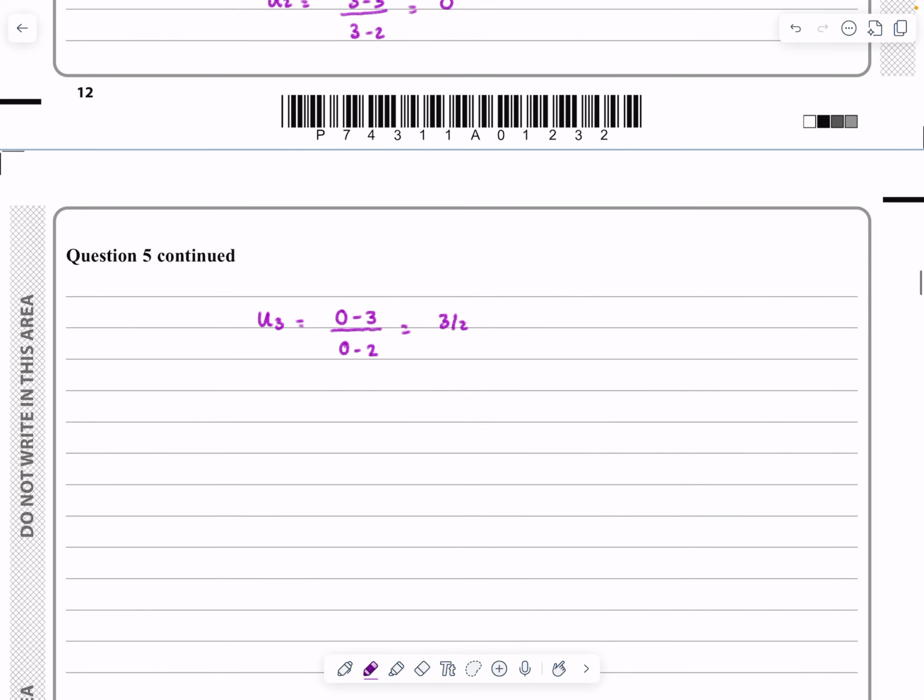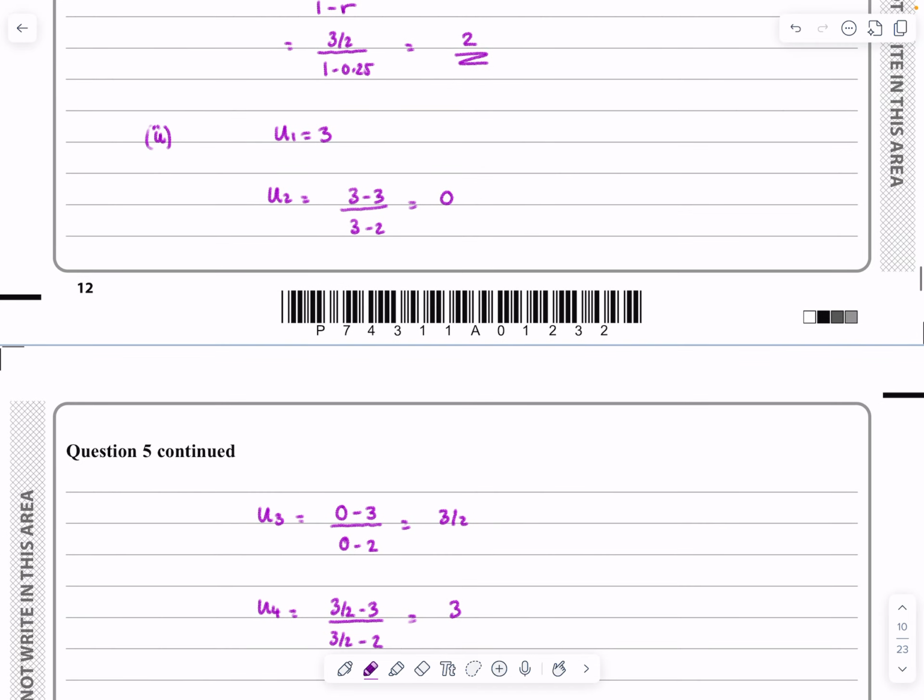Put that value in for U4. So U4 works out to be 3 over 2 minus 3 over 3 over 2 minus 2. And that jumps us back to 3 again. So you can see our values, 3, 0, 3 over 2, 3.